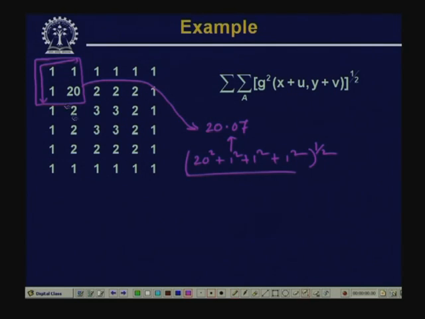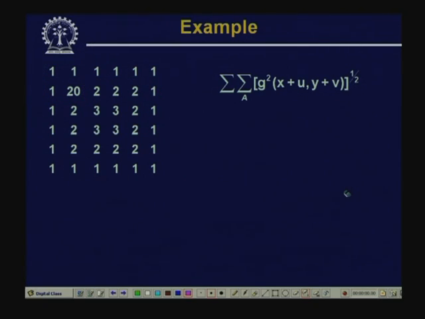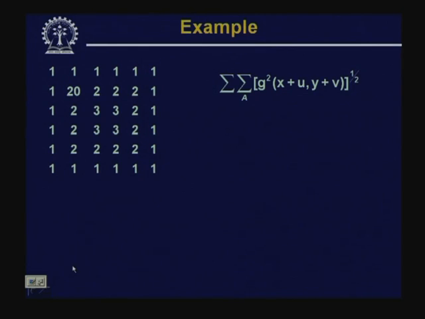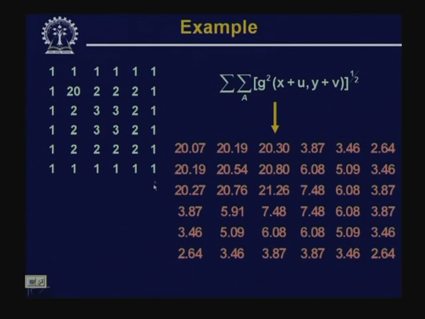So, this is how I compute this quantity, the square root of the summation over the region A of g square x plus u, y plus v, for all possible u and v, that is for all possible shifts. Then finally, this normalization component that I get is given by this particular matrix. So, this normalization coefficient has been computed for all possible values of u and v.